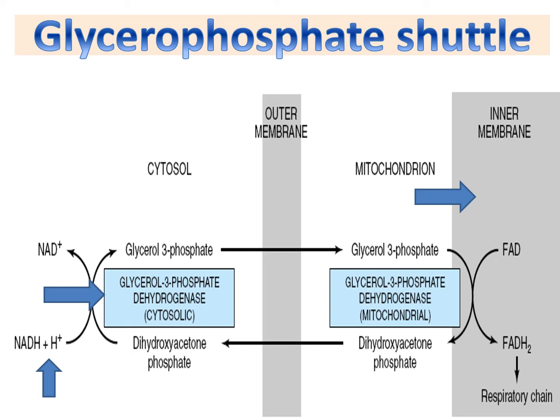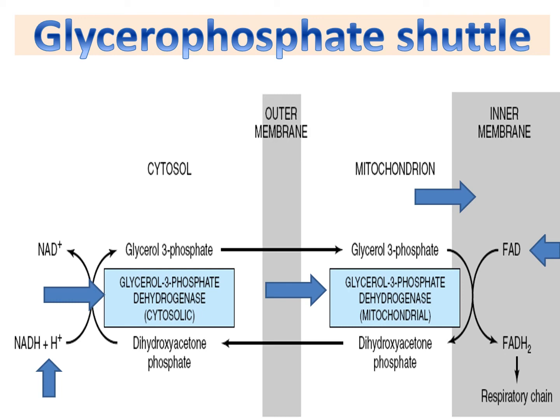Inside the mitochondria, glycerol 3-phosphate can be converted back into dihydroxyacetone phosphate by the glycerol 3-phosphate dehydrogenase enzyme. This is the isoenzyme of the cytosolic enzyme. We have glycerol 3-phosphate dehydrogenase in the cytosol, and in the mitochondria the same enzyme. But the mitochondrial enzyme uses FAD as coenzyme instead of NAD.